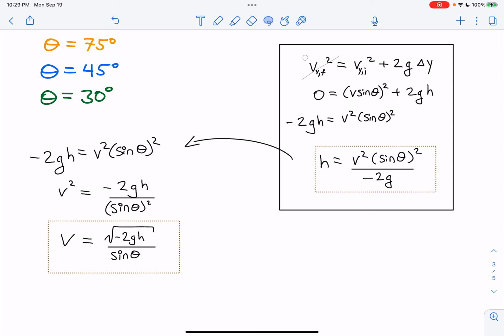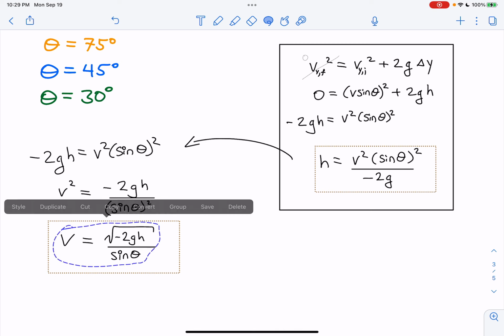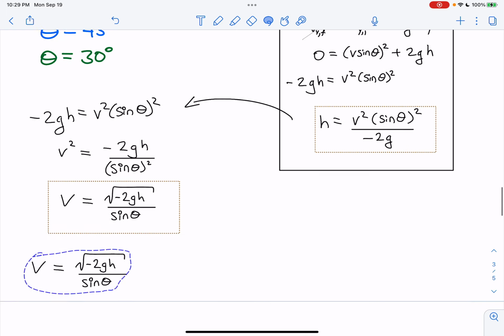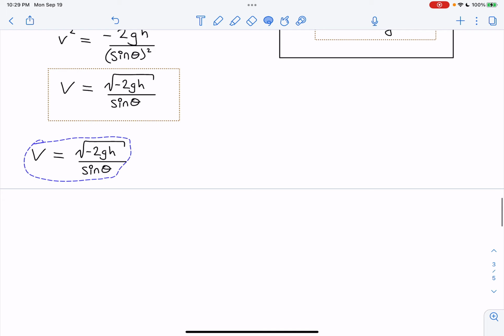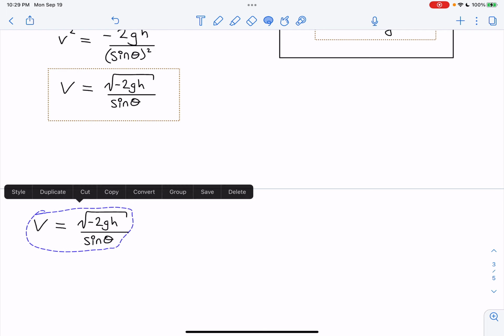To do that, I'm going to copy this, duplicate it, and we're going to do this 3 times. So this will be 1.